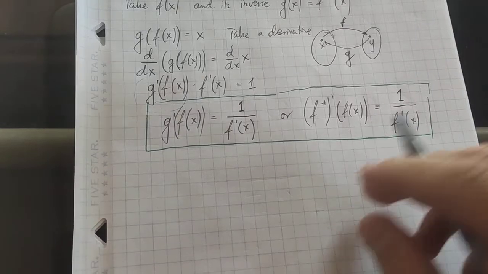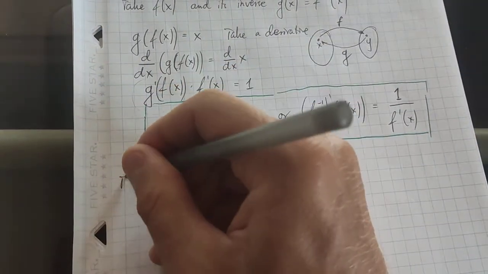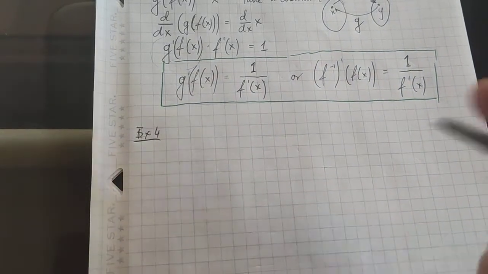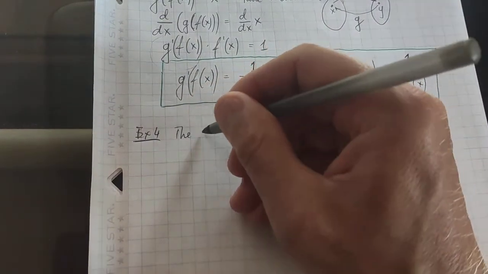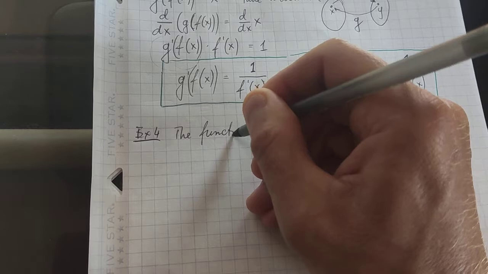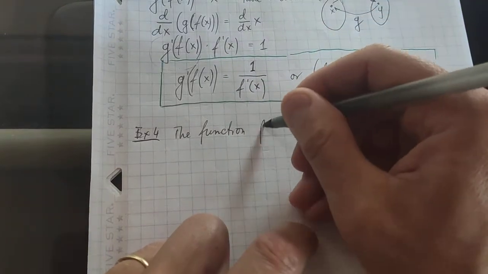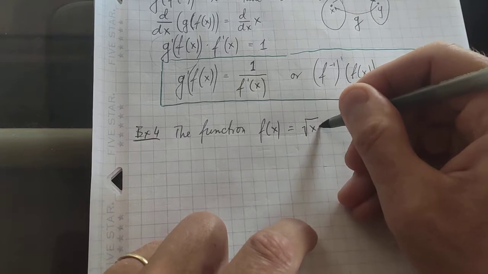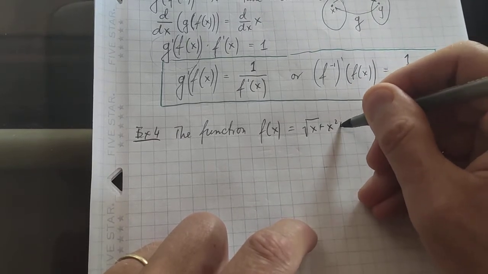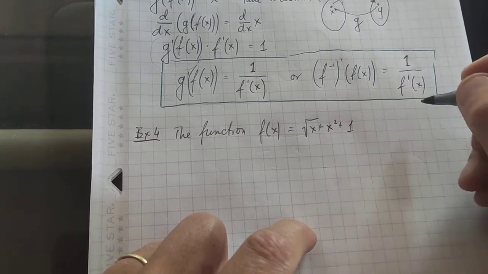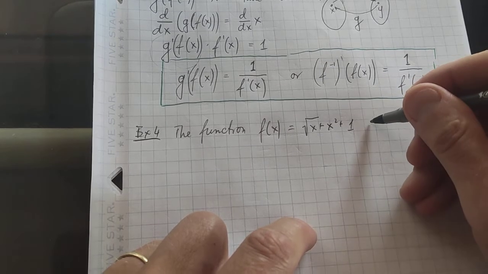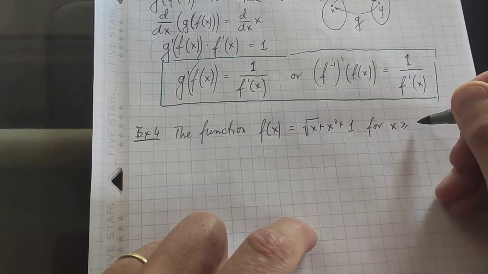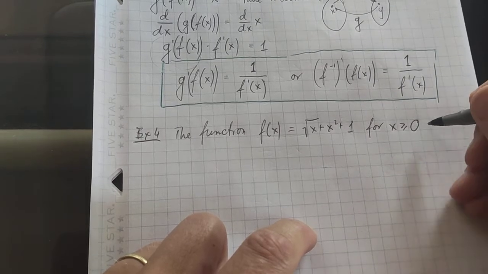Alright, so an example, just to illustrate how this works. We have the function square root of x plus x squared plus 1, which is one-to-one if we restrict the domain to x greater than or equal to 0.